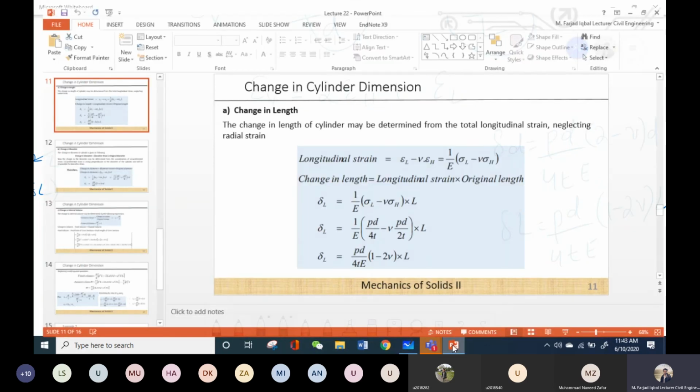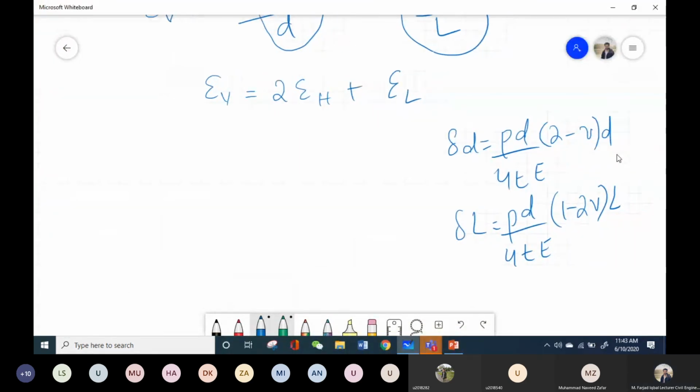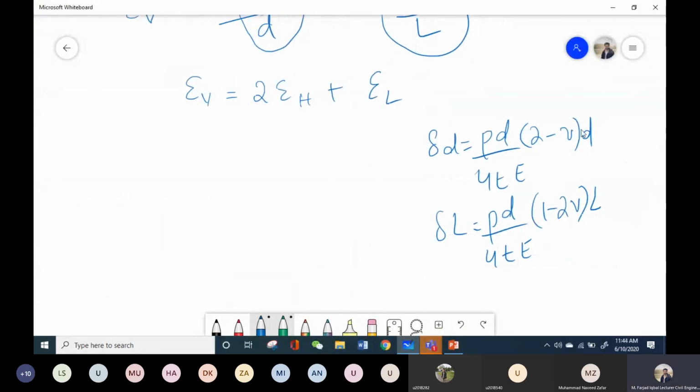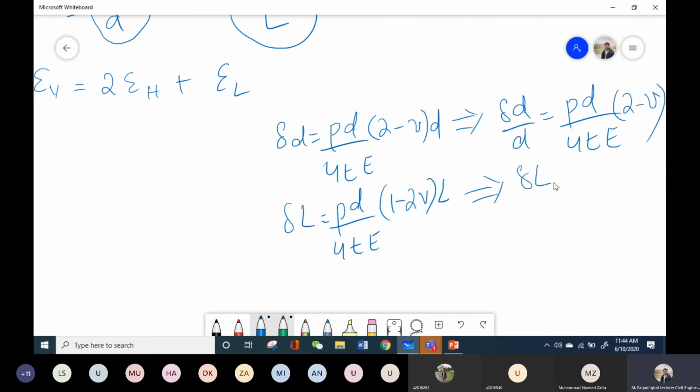From these two figures, if you simplify, what is delta D over D? This D will go to that side, so delta D over D is equal to PD over 4TE into 2 minus nu, and delta L over L is equal to PD over 4TE into 1 minus 2 nu, right?